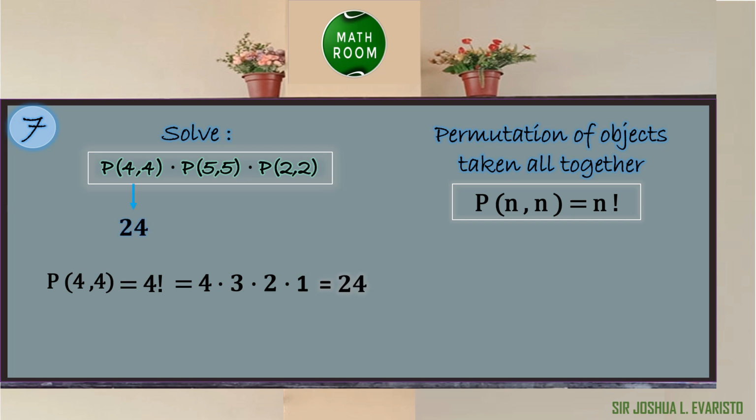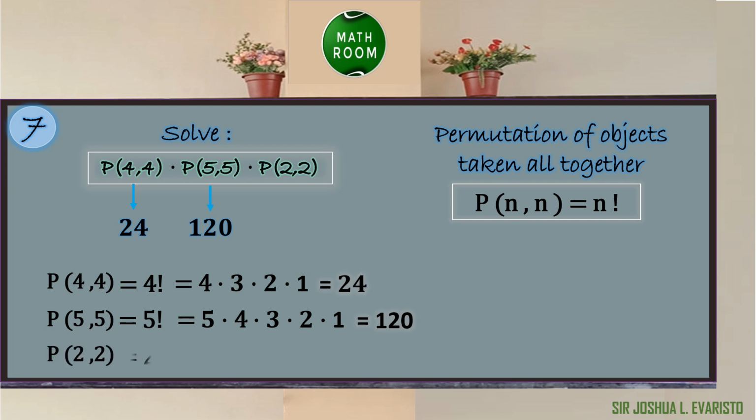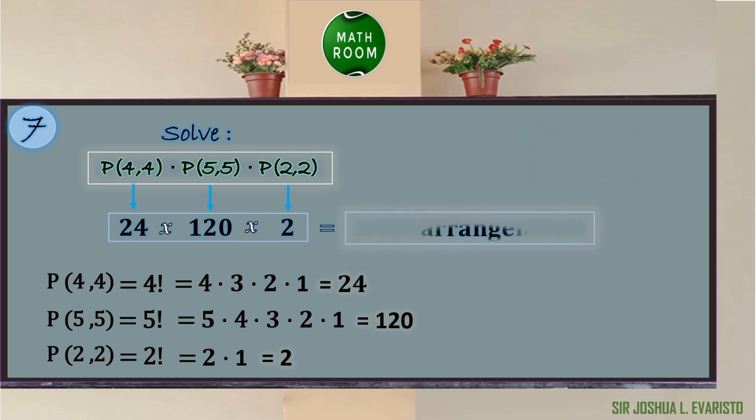Next, permutation of 5, 5 is equal to 5 factorial, that is 5 times 4 times 3 times 2 times 1, which is equal to 120. Last, we have permutation of 2, 2, which is 2 factorial, that is 2 times 1, which is equal to 2. Last step, multiply the results. 24 times 120 times 2 is equal to 5,760 arrangements.